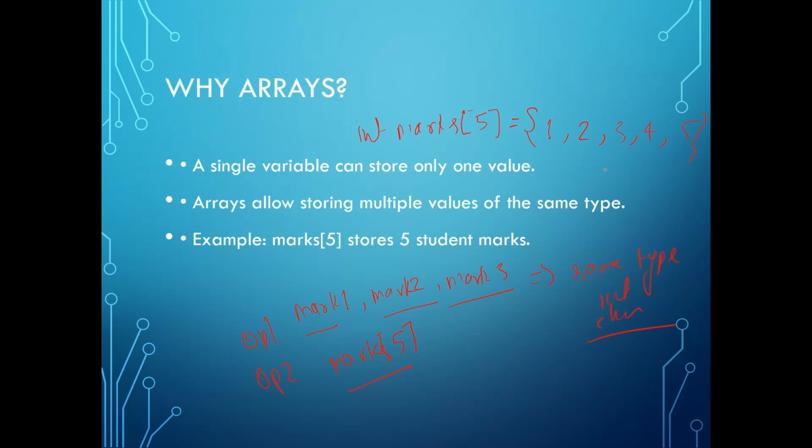So these are the collection of elements which are stored in the array. They are stored at positions 0, 1, 2, 3, 4.